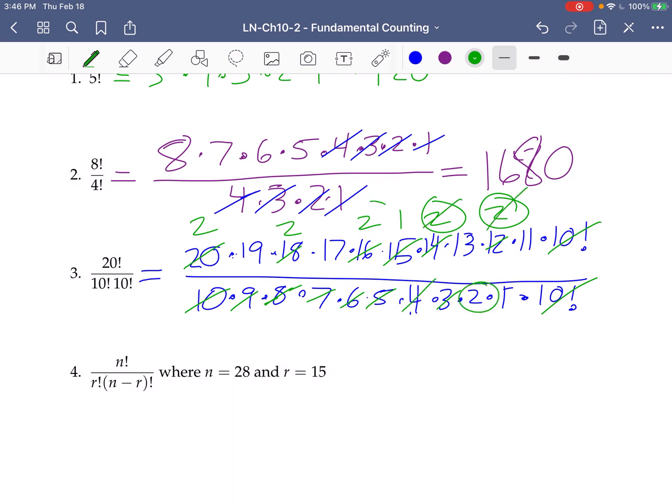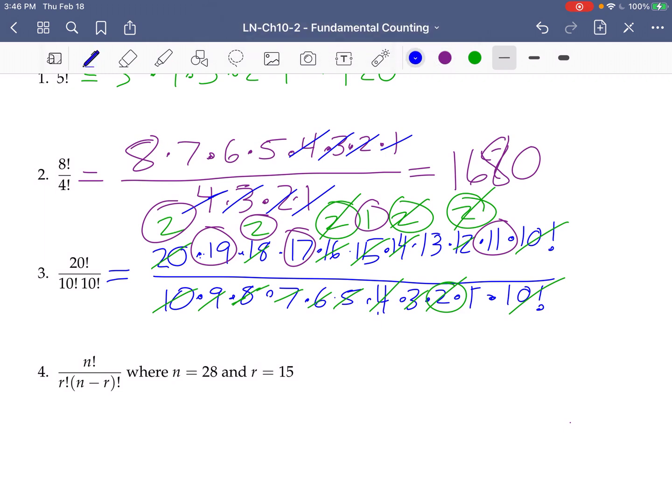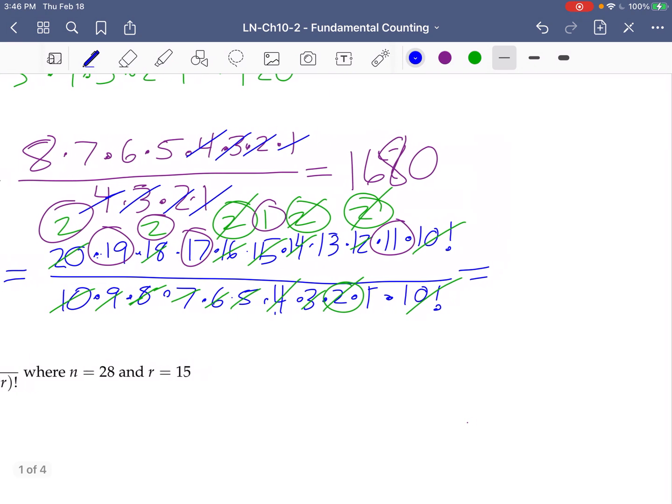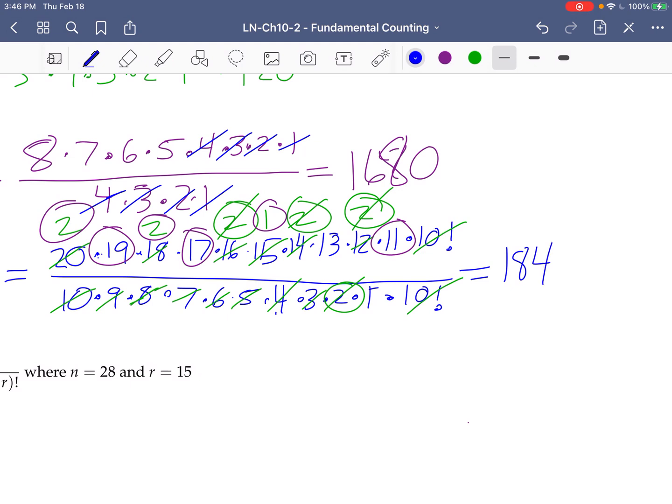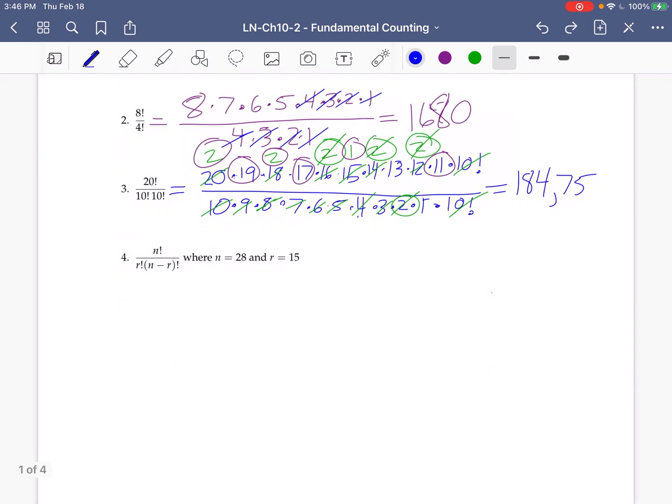And this 2 and this 2 would cancel. And so, what are we left with on top? On top, we are left with 2 times 19 times 2 times 17 times 1 times 11. And when we multiply all that out, we get 184,756. Excellent.